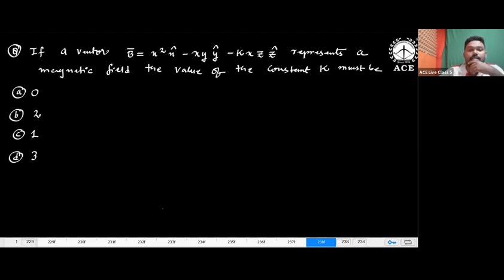If it is a magnetic flux density, yes, very good. If it is a magnetic flux density, its divergence must be 0. That's all it is.